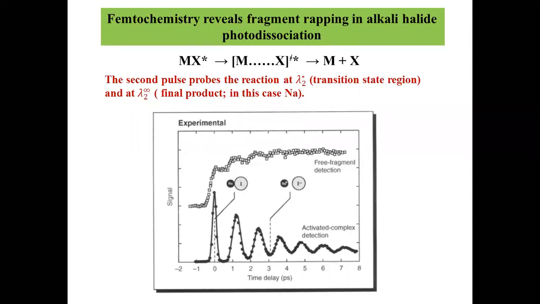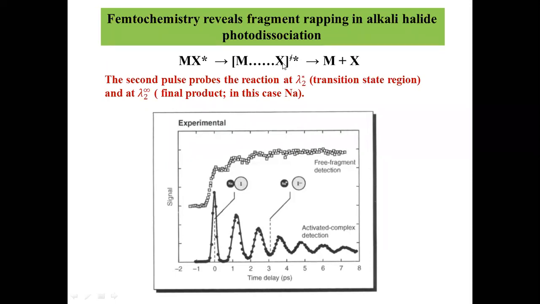Now here what we'll basically try to trap is this: first this alkali halide molecule is excited. Initially it was in the ground state, then you apply the pump pulse and go to the excited state, and then when it slowly gets separated, this is kind of a fragment.